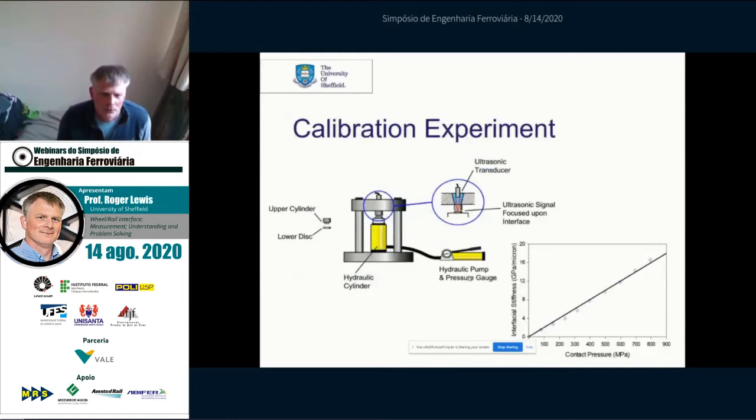Normally we use a separate loading device where we have a known contact area, and then we will do some point measurements as we increase the load in the system, increasing the contact pressure. Then we can define the interfacial stiffness from the reflection coefficient, and we get our calibration curve. We've got a whole series of these calibration curves built now for rail and wheels in different conditions, so run in, but also in a newly ground or turned state.